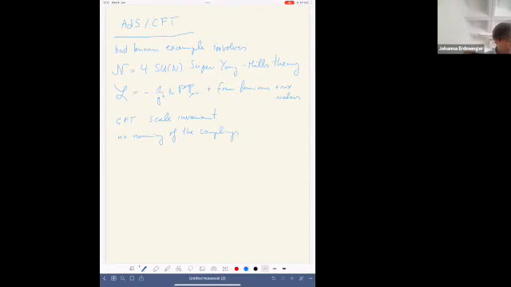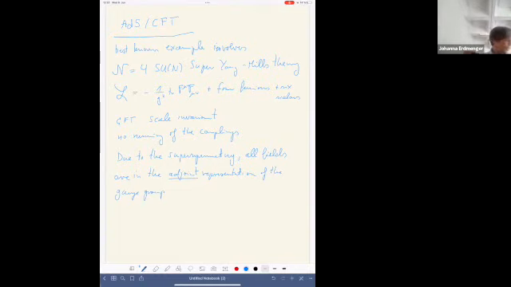The other thing is that, due to the supersymmetry, all fields are in the adjoint representation of the gauge group. That's a technical term, and I'm going to explain it.